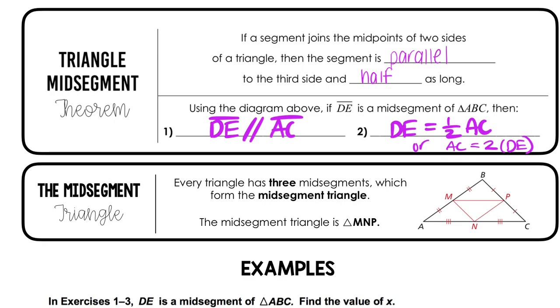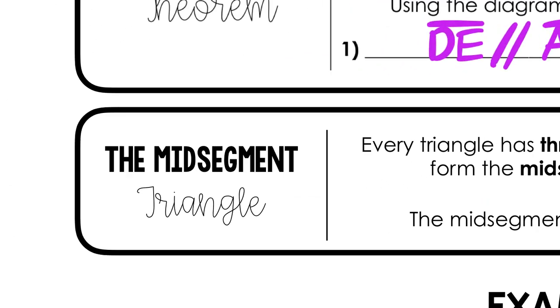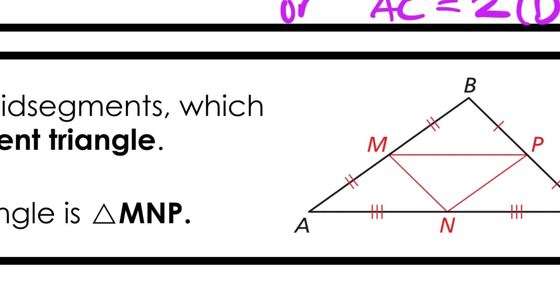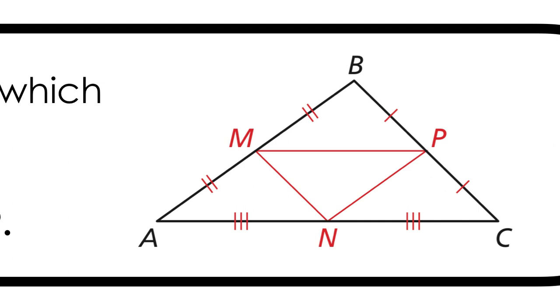We also have something called the mid-segment triangle. This is another triangle that's created within the triangle. As you can see here, we have this outside triangle, and then this interior triangle in the middle, created by connecting all of the mid-segments. In the picture, M to P is a mid-segment.